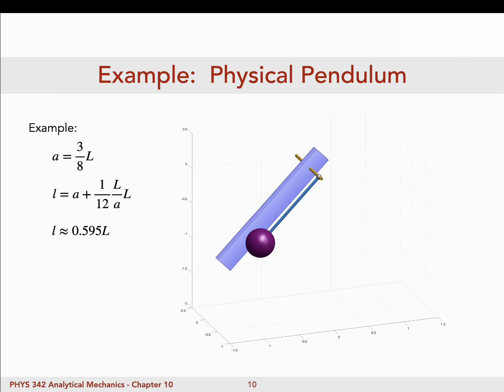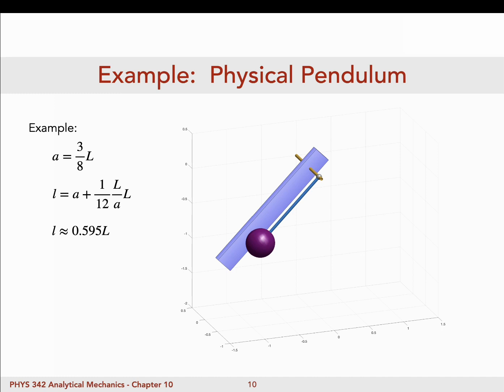All right, so let's look at an example. Let's assume that the distance from the pivot point to the center of mass is 3/8 of the overall length. So that means that if you take the distance from the center out to the edge, the pivot is about 3/4 of the way from here out to there.